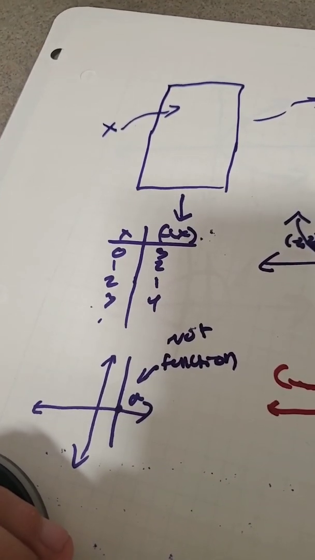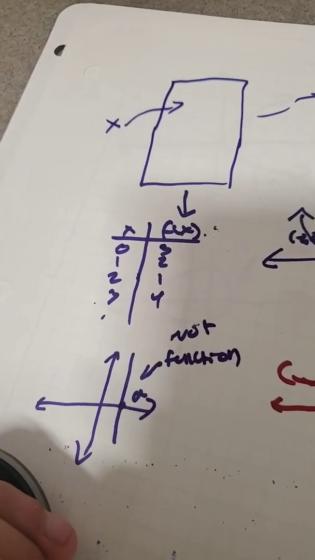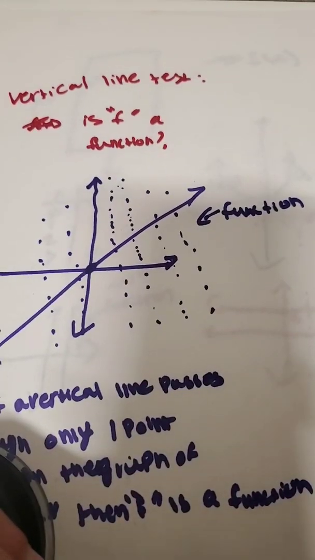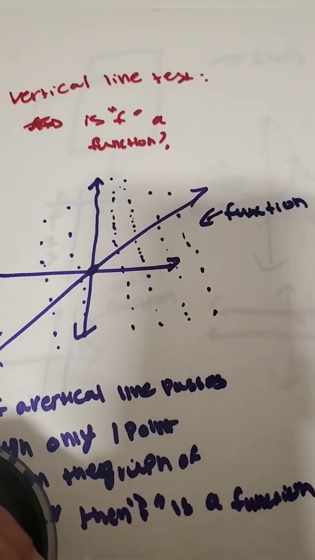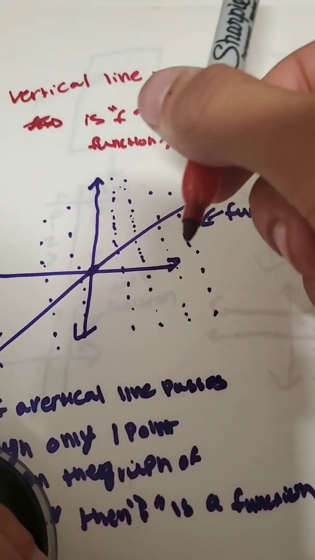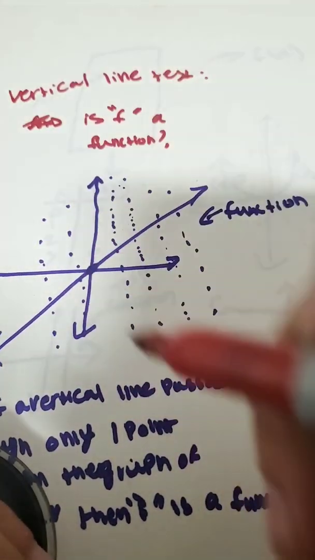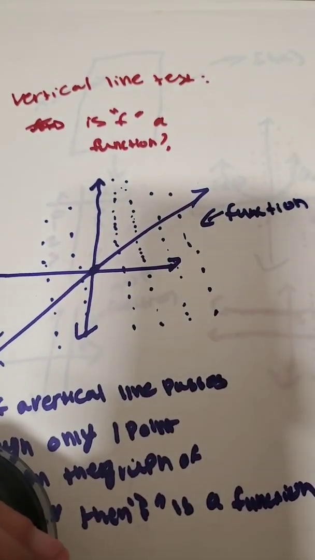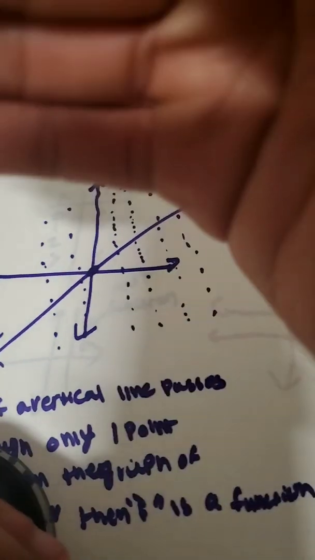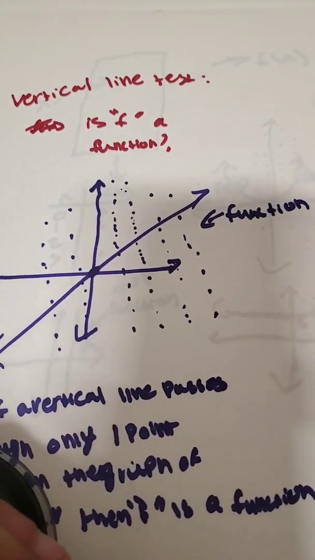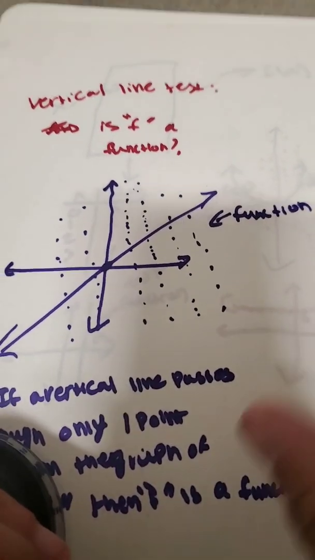If we're given a graph, we can apply the vertical line test by taking invisible vertical lines to see if only one point is intersected. If it intersects only one point for all values of x, f is a function. If it intersects two or more, it's not a function. It's a relation, not a function.